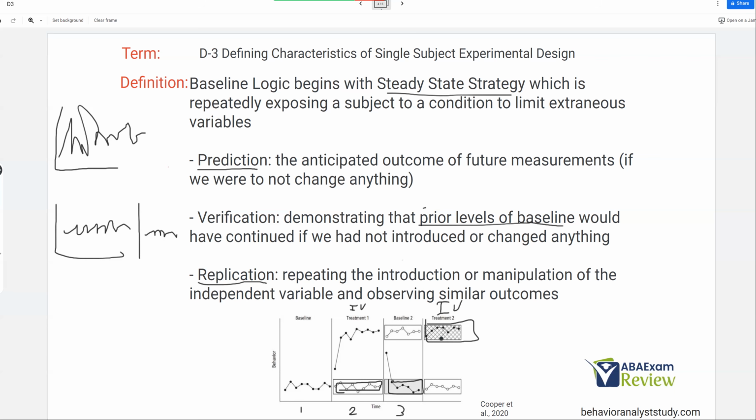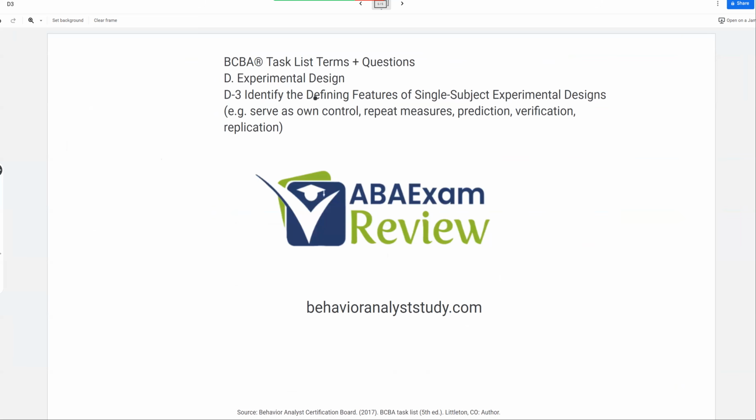And when we can predict and verify and replicate and start to guess and be correct on what's going to happen with our data, that's when we know we're controlling for all these other variables and that we're controlling the experiment. So that is single subject experimental design and the defining features.